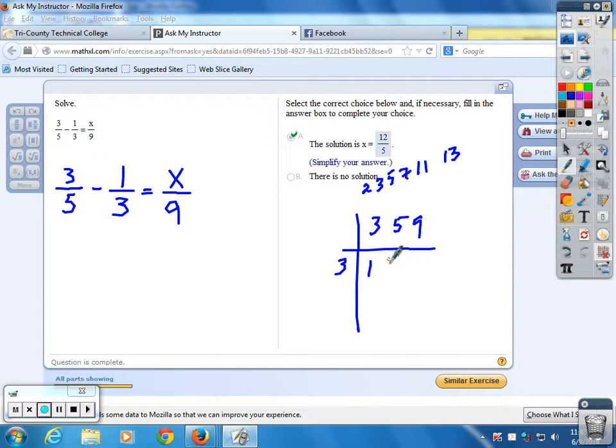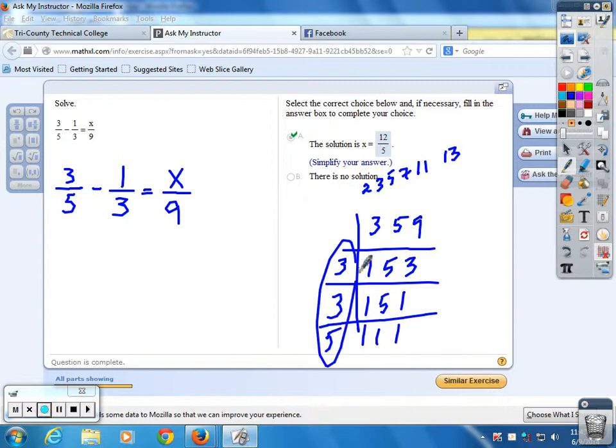Give me a 1, a 5, and a 3. 3, a 1, a 5, and a 1. 5, 1, 1, 1. What's 9 times 5? 45. So I'm going to multiply through by 45 over 45x. So, 45 over 1.